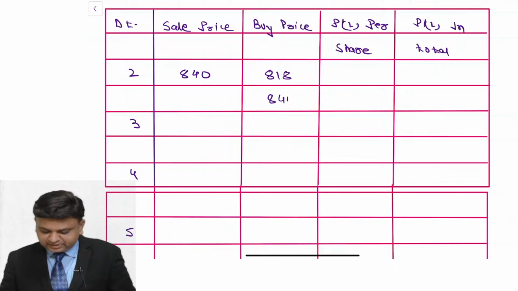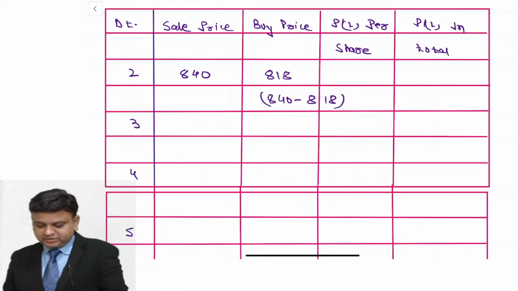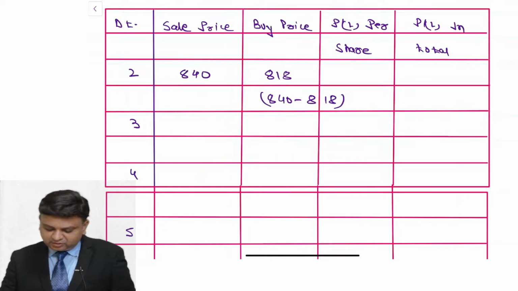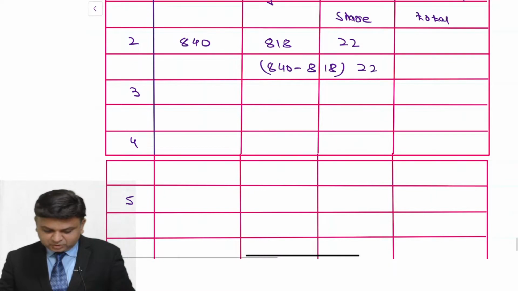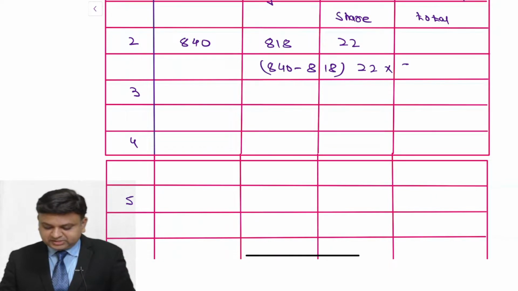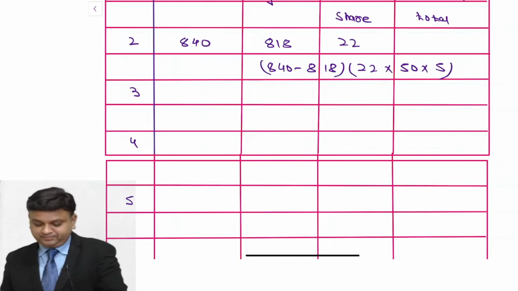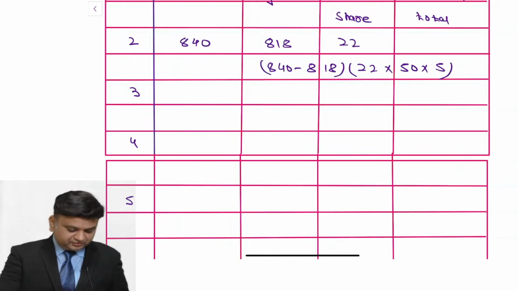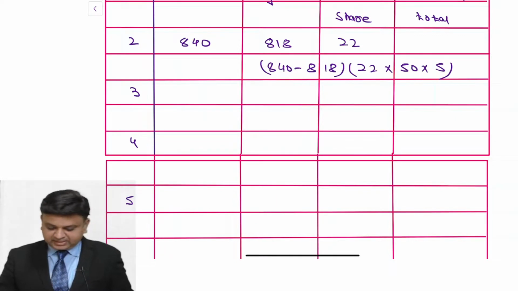So 840 minus 818, the difference is 22 rupees profit per share. So 22 into lot size is 50 into number of contracts are 5. That is the way the total profit or loss will be calculated. So 22 into 50 into 5, that comes to rupees 5,500.